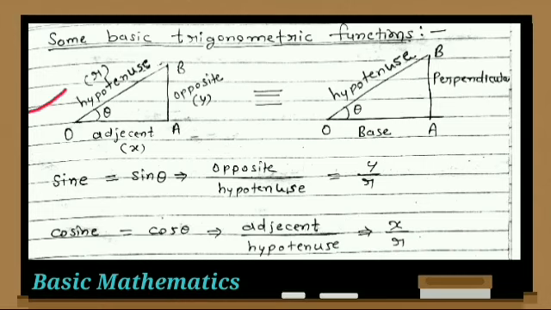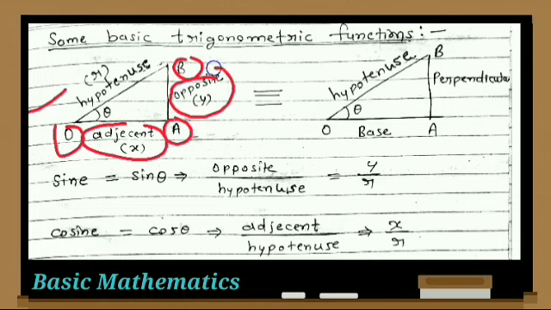In the first triangle there is adjacent x, opposite y and hypotenuse r. There are 3 sides of this triangle and there is an angle theta between the hypotenuse and the adjacent. Similarly, here I made a second triangle.